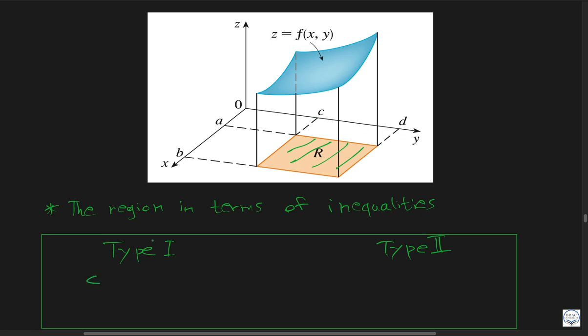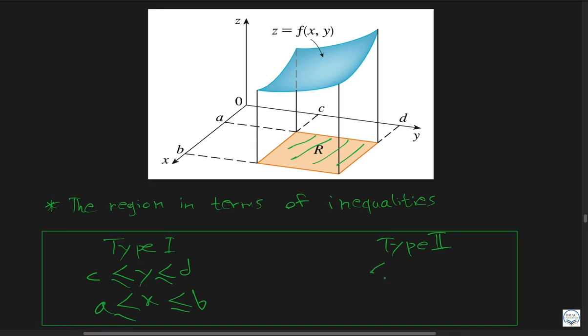In type 1, what we do is we do the y inequality first. So we know that y is bounded between c to d, and x is bounded between a to b, because all the x coordinates lie in between a to b in this region. Similarly, for type 2 integrals, first we give the x inequality.